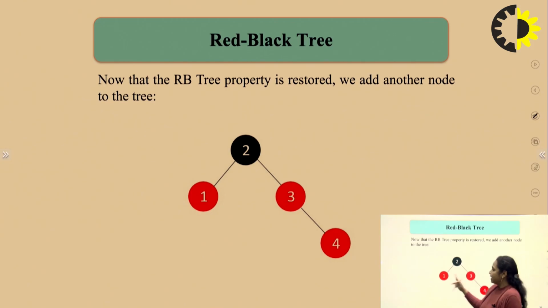When the parent has a red sibling, in that particular case we only recolor the parent and grandparent. So we will change the color of parent, that will become black, and we will change the color of grandparent, which will become red, but grandparent is root node, so it will again become black in color.